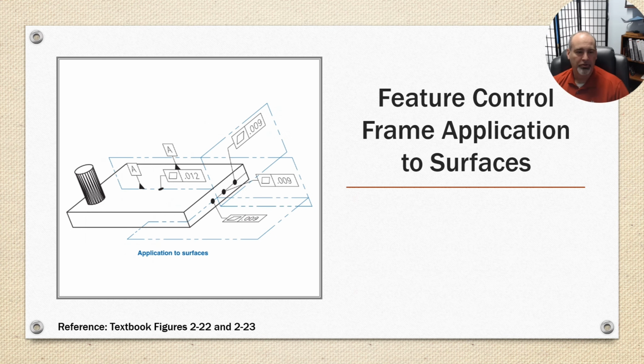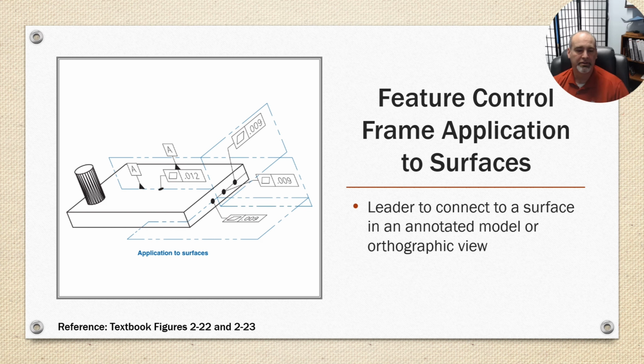Okay, feature control frame applications to surfaces. The leader connects to a surface in an annotated model or orthographic view. We're looking at an annotated model on the left. Here's a bunch of different options. So you can see the feature control frame. This wouldn't necessarily truly have multiples on a true model.